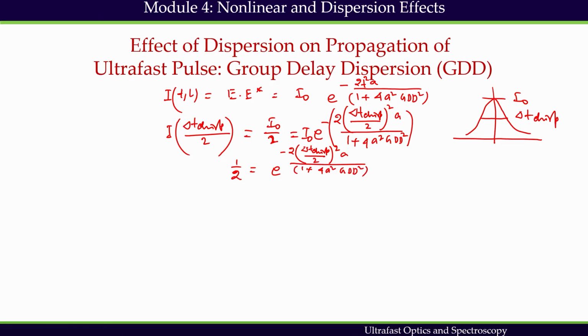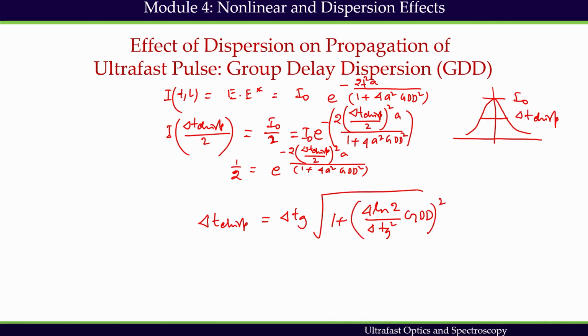So if we simplify it, then we can write down finally that delta t sharp is going to be delta t Gaussian, delta t g, times the square root of 1 plus (4 ln 2 by delta t g square, times GDD) whole square. So this is the expression we get.